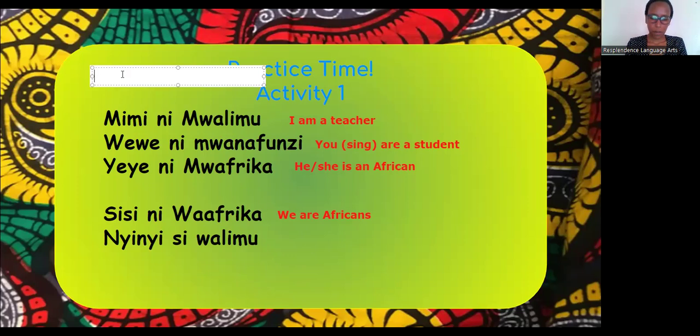Okay, so we said ni can mean is, or are. And then now you've seen this small word here, which is si. Nyinyi si walimu. It simply means I'm not, is not, isn't, or aren't, are not.